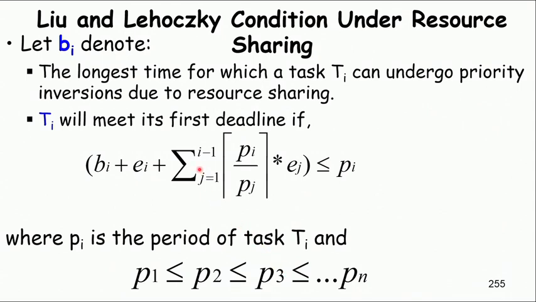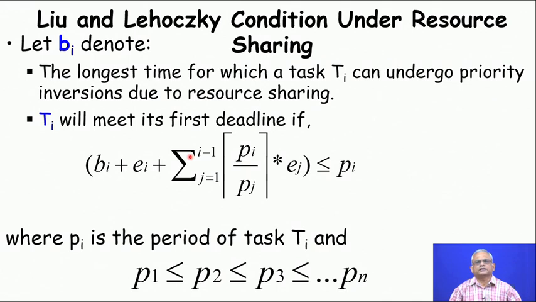Now, even if we know what is the maximum duration for which a task can undergo inversion, how do we check the schedulability? Please remember that in the rate monotonic scheduler, we are using the Liu and Layland result to determine the schedulability, and for each task we were using the execution time of the task and the time for which all higher priority tasks need to use the processor in the form of such an expression, and then checking whether it is less than or equal to the deadline or the period of the task.